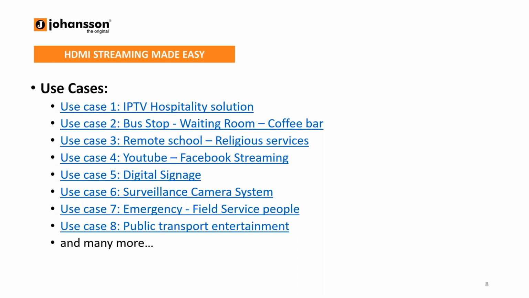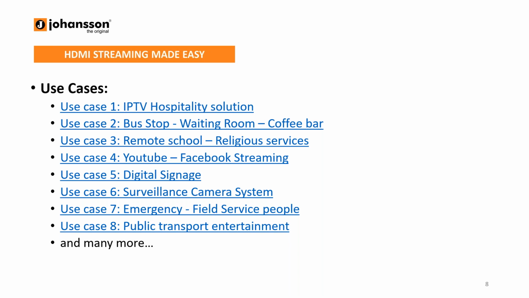The third use case is remote school or religious services, if you want to broadcast that to your community, or if you want to reach the world, you can use YouTube and Facebook. A very popular application, I think this is the most common application, is digital signage.